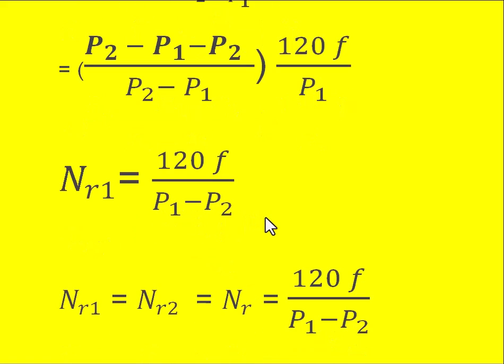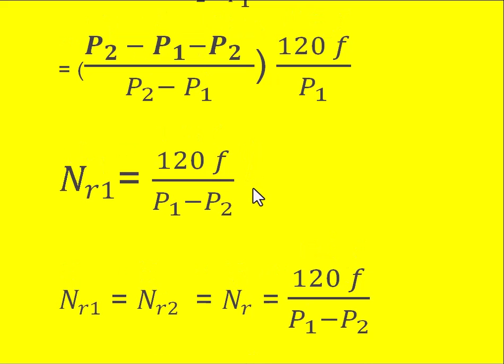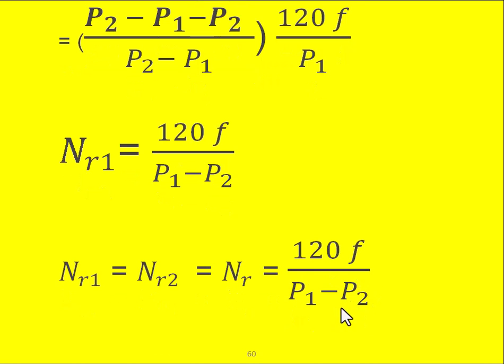So for the differential connection of two three-phase induction motors, NR1 becomes NR2 is equal to NR, that is equal to 120F divided by P1 minus P2.